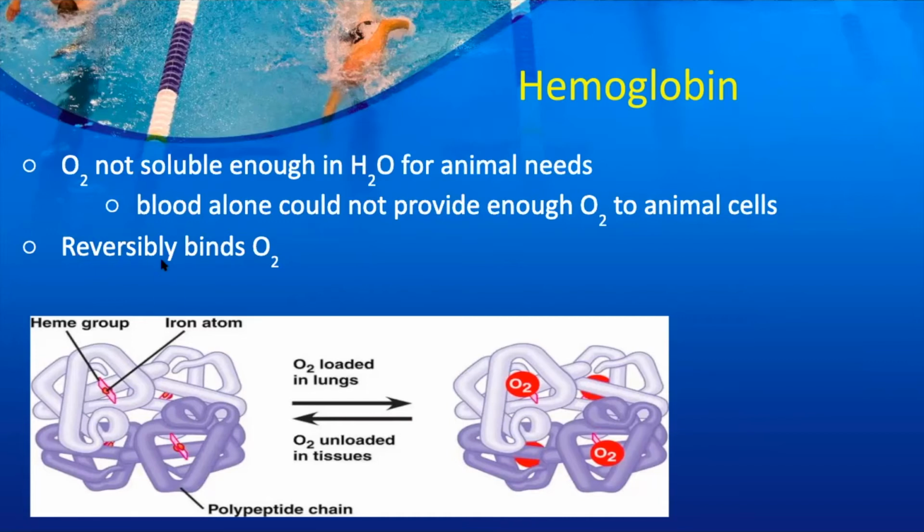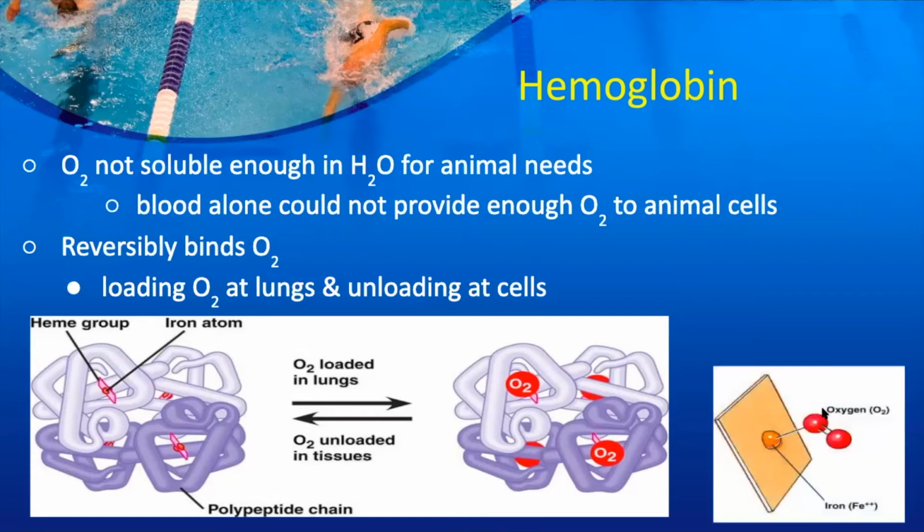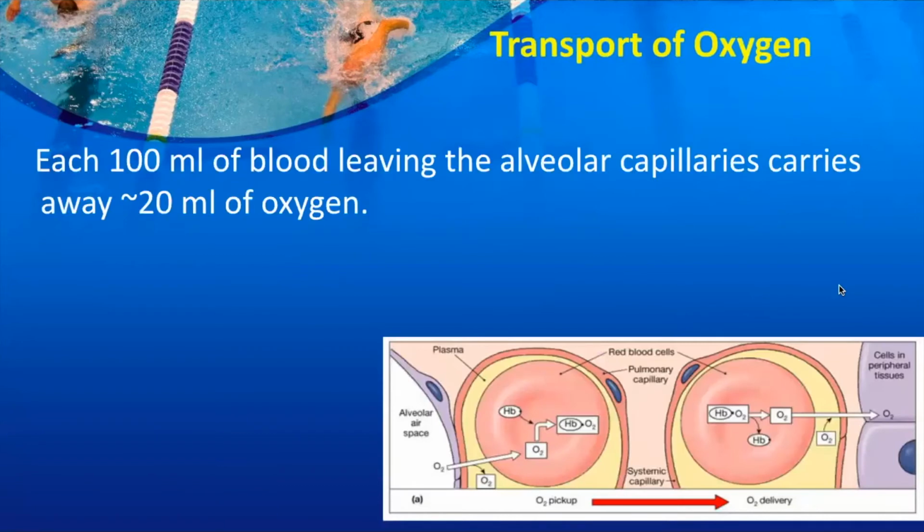So it can reversibly bind oxygen, which means it can release it, which makes sense. In order for our tissues to get oxygen, hemoglobin would have to release it. So some of the oxygen may dissolve in the blood itself, but the majority is going to be bound to the hemoglobin molecule.